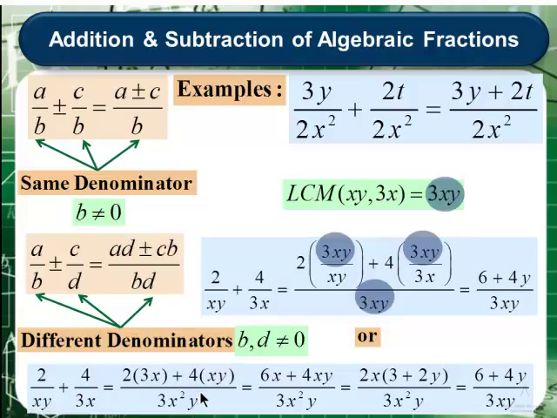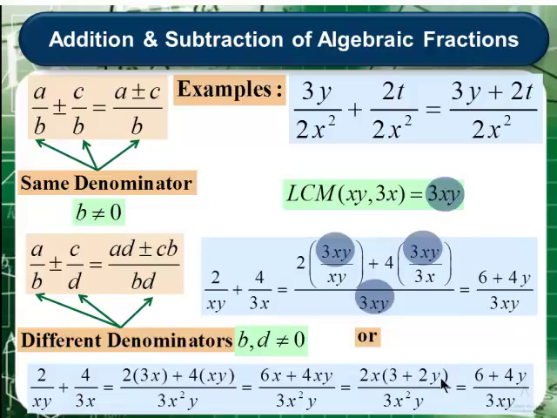This, however, is not in the simplest form, since in the numerator position we can see we have a common factor 2x. If we factorize above the line in such a case, we end up with 2x multiplied with 3 plus 2y, and then we can see that we have cancellation above and below. In such a case, the x will cancel, and we will have the denominator now equal to 3xy, as we had it before for the LCM in the first instance.